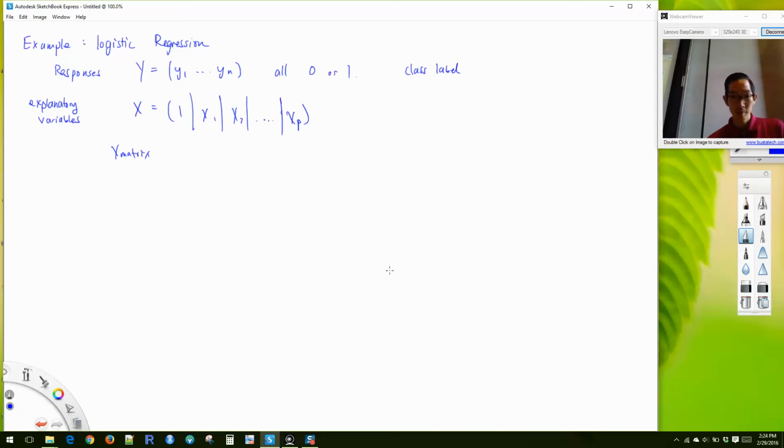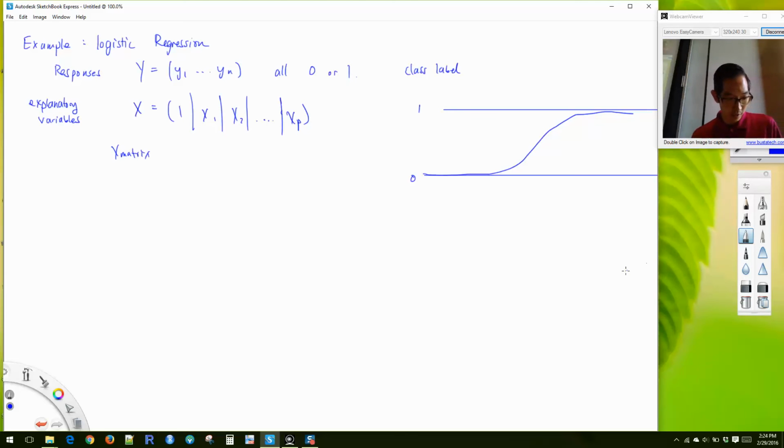Is this all right? Your function looks something like that, between 0 and 1.